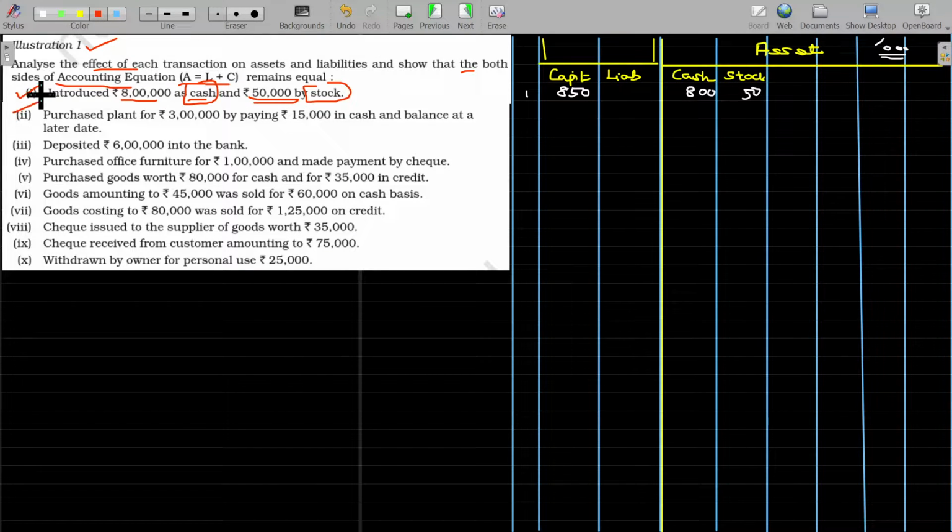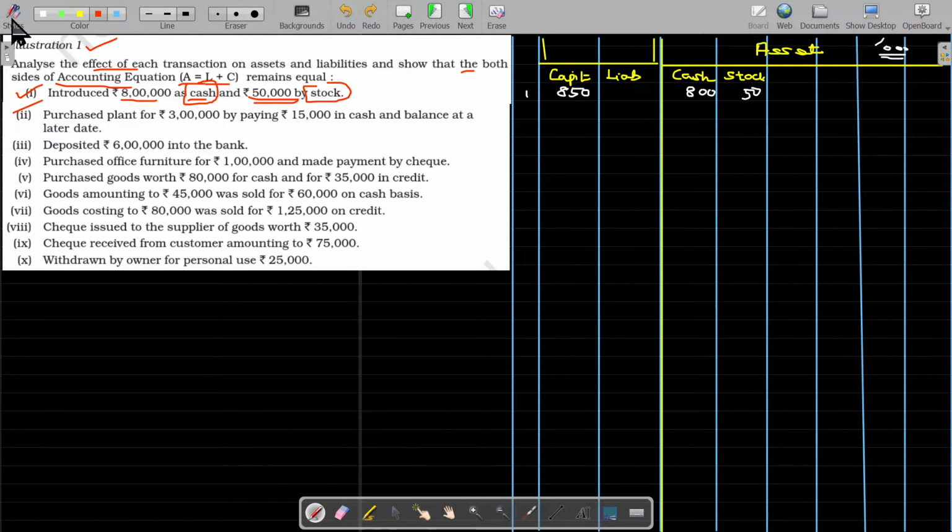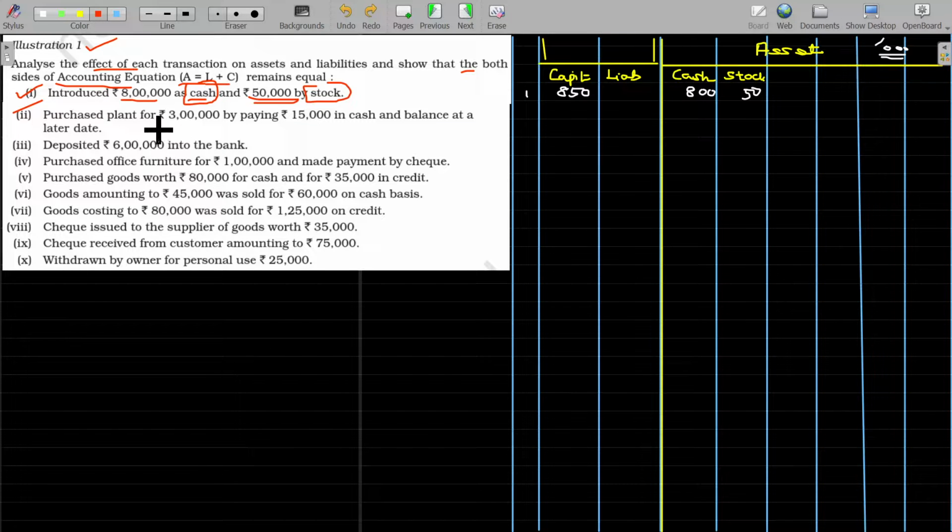Let's go for the second transaction. Purchased plant for rupees 3 lakhs by paying 15,000 in cash and the balance at a later date. A 3 lakhs worth plant and machinery is purchased, so an asset comes in. So we get one more asset worth rupees 3 lakhs.